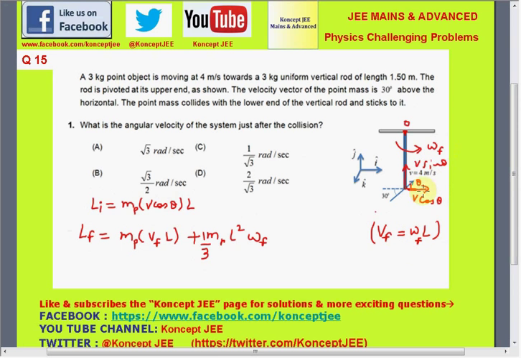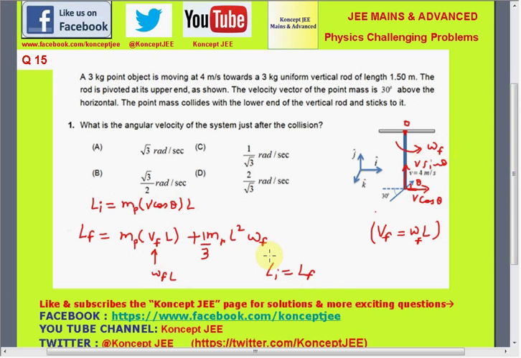So it's very clear, the velocity of the point mass is nothing but omega f into L, because it sticks at the end of this rod. So you can put this value here, vf is nothing but omega f into L, and by conservation of angular momentum, Li is equal to Lf.